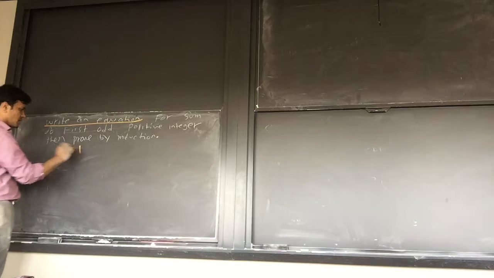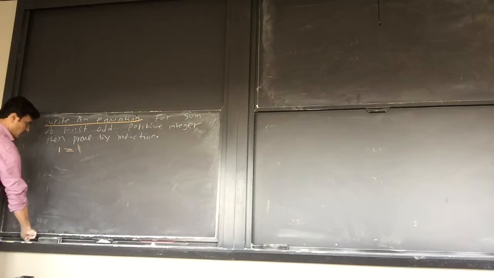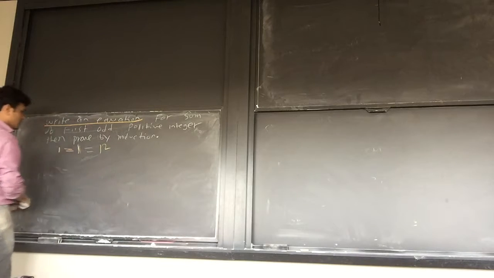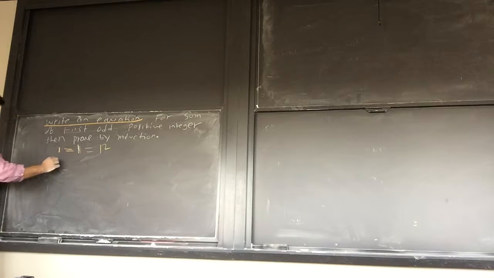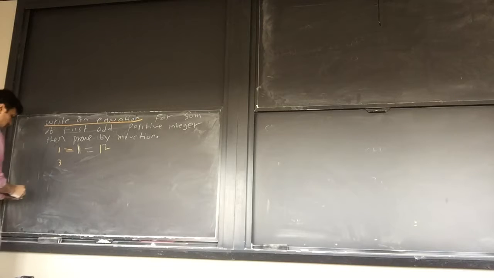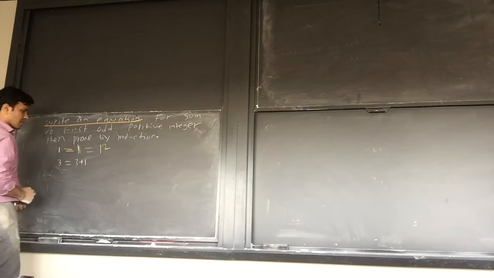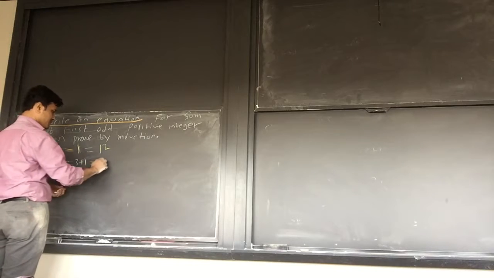One. So 1 is 1. This is 1 squared. What is the next odd integer? 3. So 3 is equal to 3 plus 1, which is 2 squared.